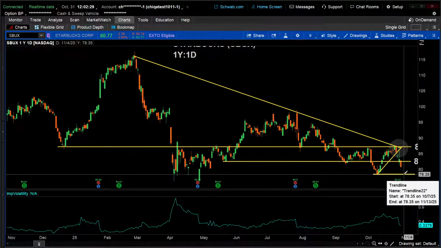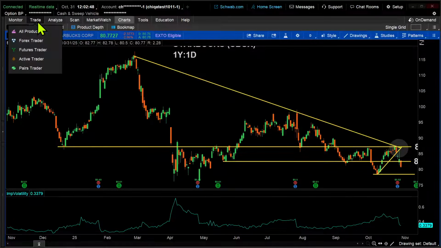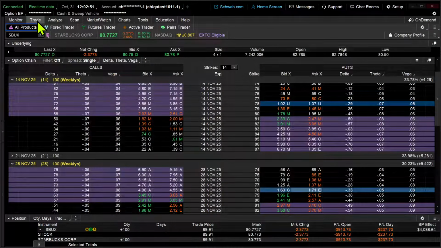And if that support level does hold and price does move down towards that level, it's likely to see implied volatility stay where it is or maybe even rise a little bit if the price of the stock continues to fall. So we're going to use a calendar spread, and a calendar spread is simply selling an option in one expiration date and buying an option at the same strike in another expiration date.